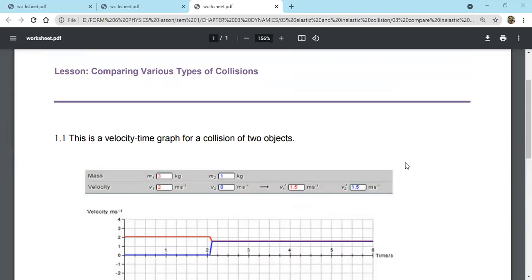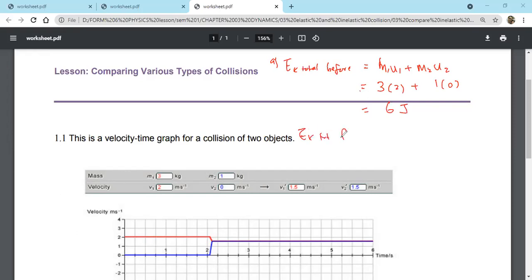1.1a. The total kinetic energy before the collision equals M1U1 plus M2U2, so 3 times 2 plus 1 times 0, which gives 6 joule.